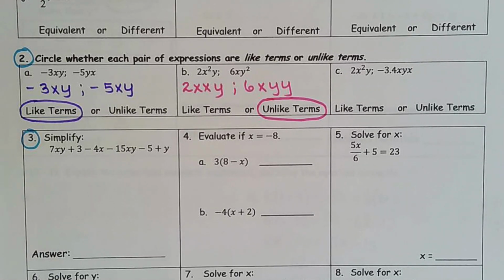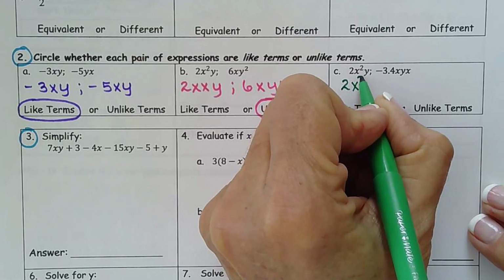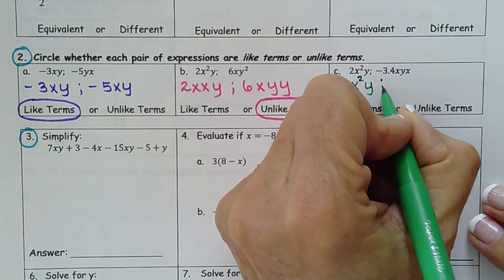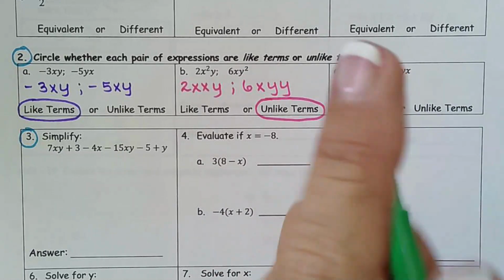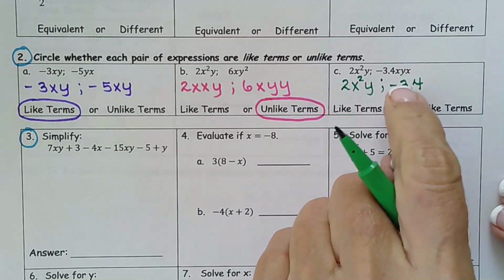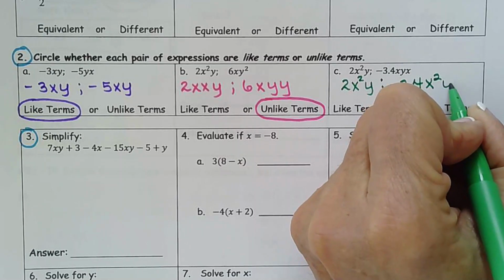And on the next one, we have 2x squared y. That one's already written correctly. But this one has been expanded, so you need to contract it to see if they're the same. I see there's, first off, leading coefficient is negative 3.4. There are 2 x's, so that would be x squared and 1 y.